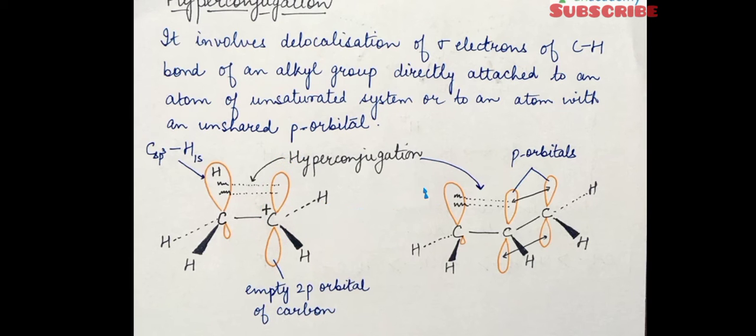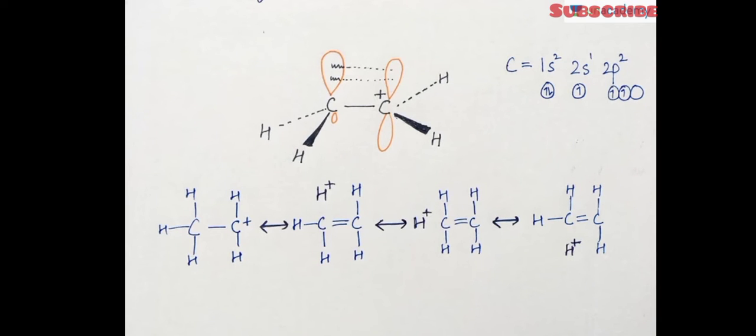In the first case, we have a hyperconjugation effect in which we have an unshared p orbital. So we've taken the example of an ethyl carbocation. You can compare this structure with the one given. We have CH3, then we have CH2, and this C is positive here.